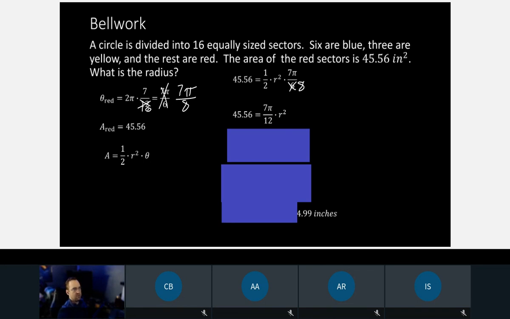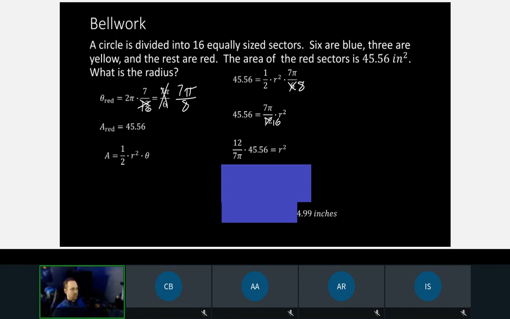That's going to be 7 pi over 16, not 12. We want to multiply both sides by the inverse, so 16 over 7 pi. So again, I have to change my work.